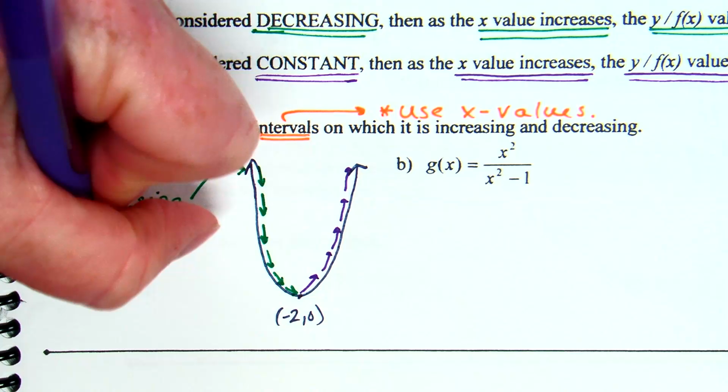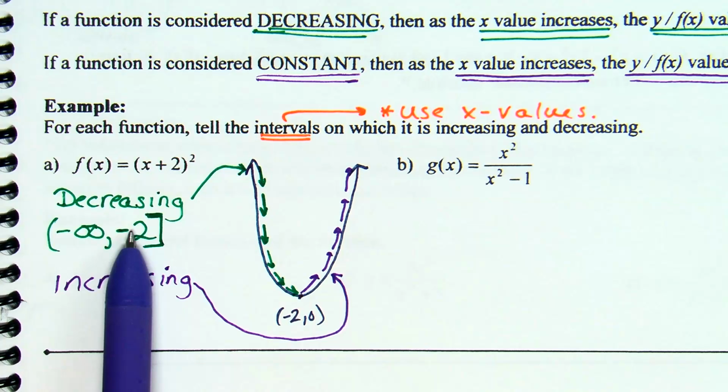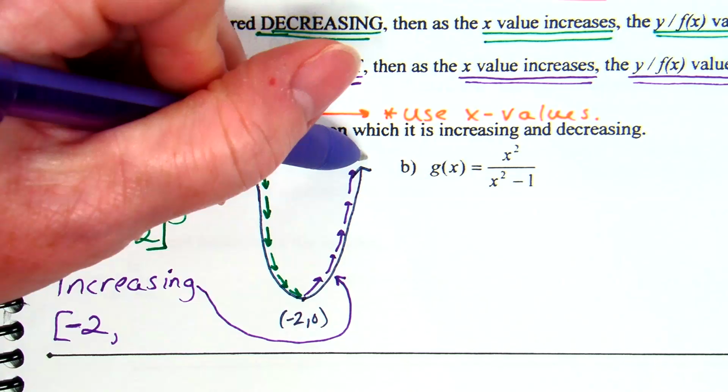When does my graph start increasing? Using x values. The point it stopped decreasing is where we're going to start increasing. So it's going to start increasing there at -2. And where does it stop increasing? Never, right? It's going to keep increasing forever, so we're going to say positive infinity.